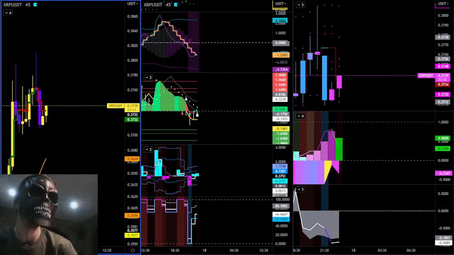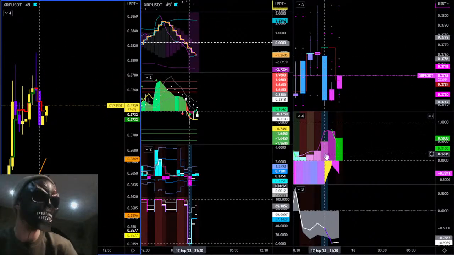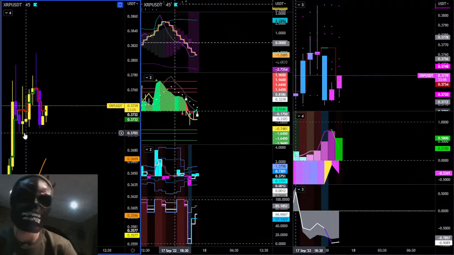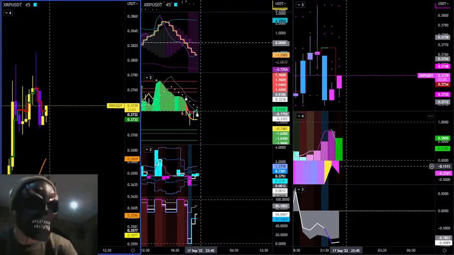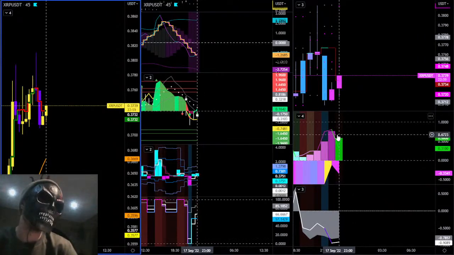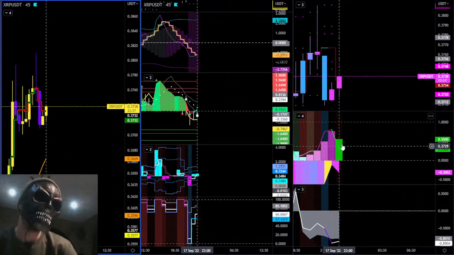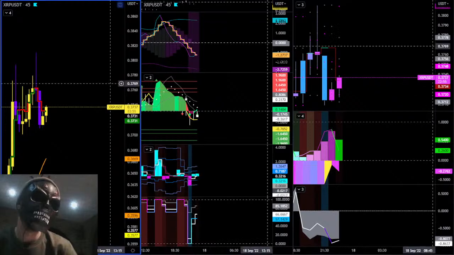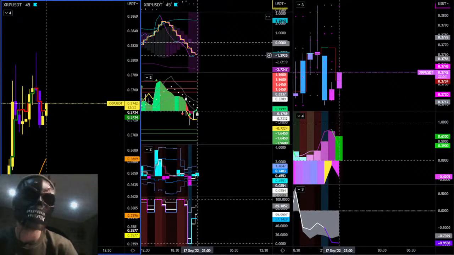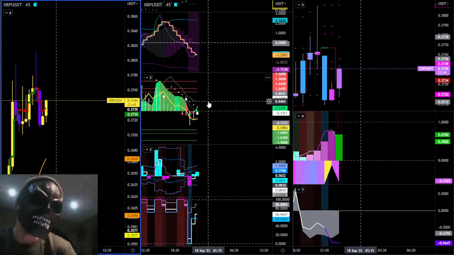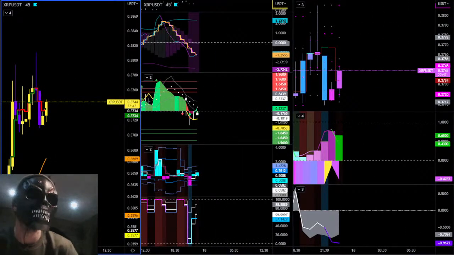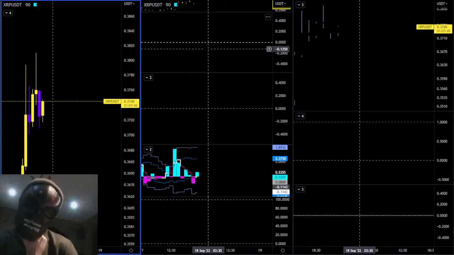So here, for example, yes, there was expansion to the downside, but it started to move into a random phase, and we didn't break the previous low. So now this is the opposite of that. This is contraction with positive drift, trying to start a new trend, with the return oscillator even wanting to turn around. So if we close here, we're going to stay in the trend to the upside. 90 minute.